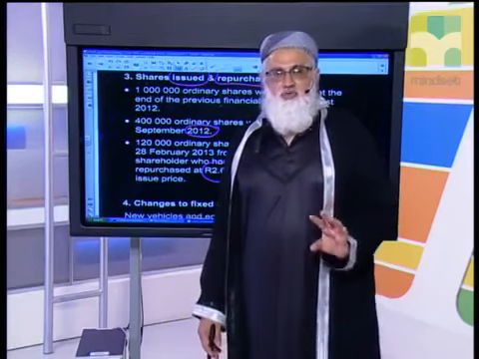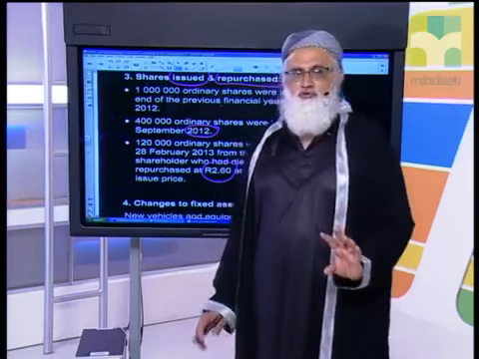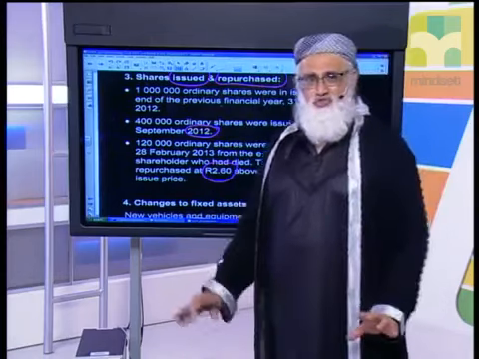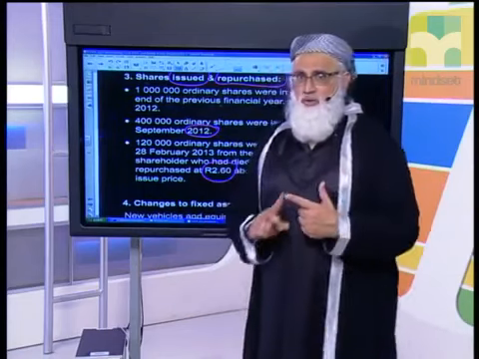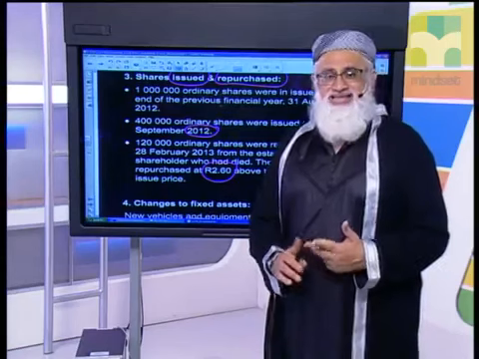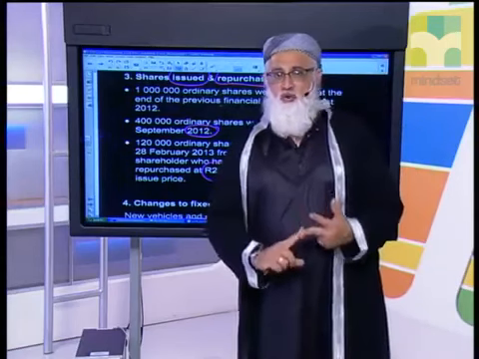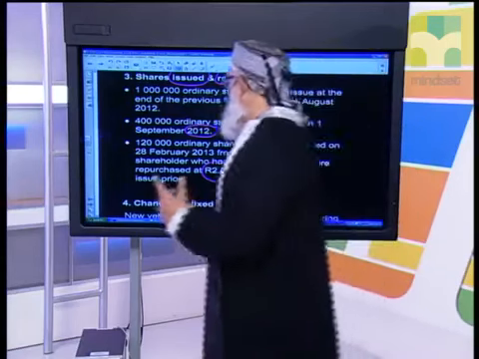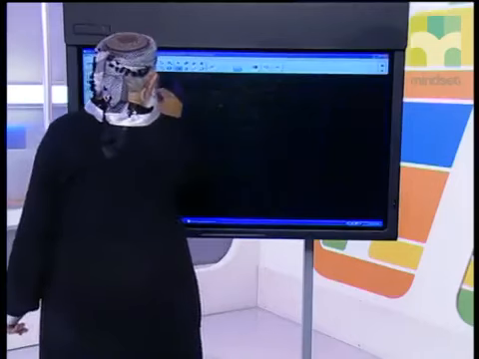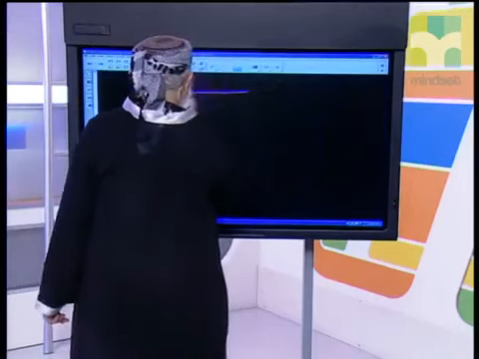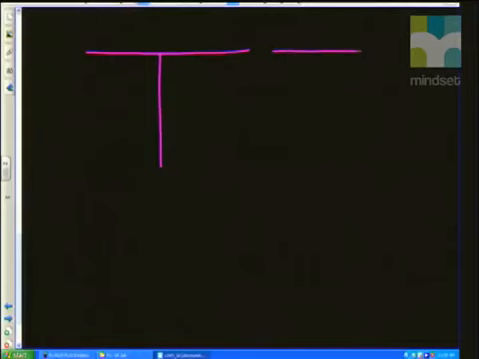My appeal to you, grade 12s, is do not look for fancy other accounts. You deal with ordinary share capital, you deal with your retained income, and you deal with your appropriation account. And that's exactly what I'm going to do. I'm going to show you how these three accounts are going to interact with one another, and how we're going to use information from these three accounts to complete what we require.